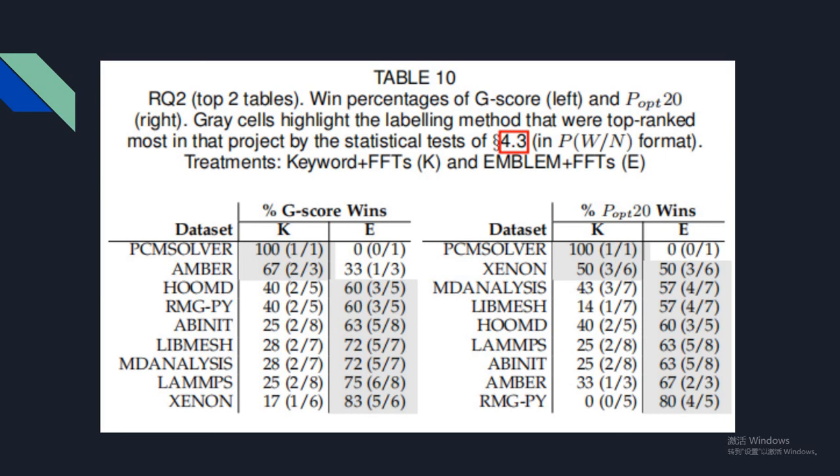The area highlighted in gray denotes superior performance. In a majority of the cases, 7 out of 9 projects for both G-score and P20, FFTs with Emblem perform the best.